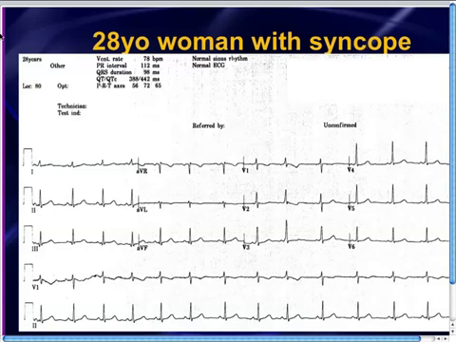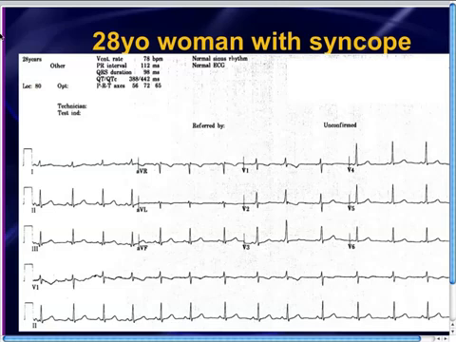Now, what are you looking for when you get the 12-lead EKG on a young person with syncope? Well, normally we're looking for ischemia in most patients, maybe less concerned about ischemia in a 28-year-old woman who has no risk factors for cardiac disease, which this patient did not have.